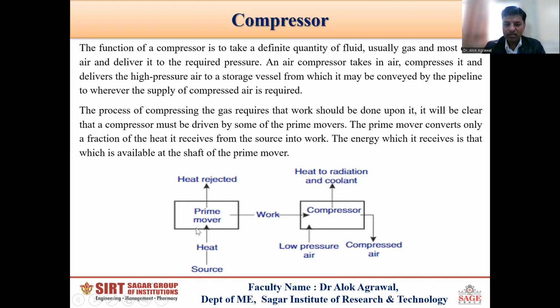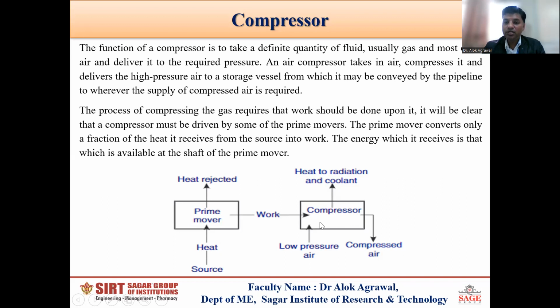Generally, it is seen that this prime mover converts work at a very low efficiency, meaning the efficiency of this prime mover is not very appreciable. So there is a loss in this prime mover because the heat rejected is quite high. The energy received by the compressor is used to operate it, in the form of work.